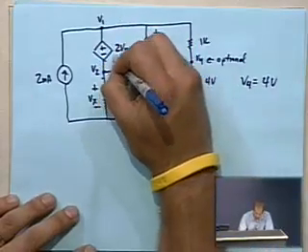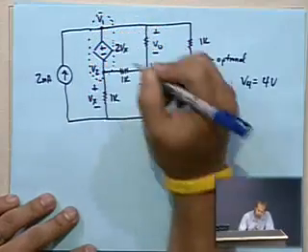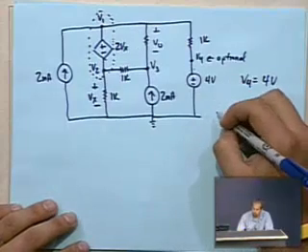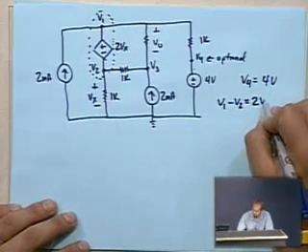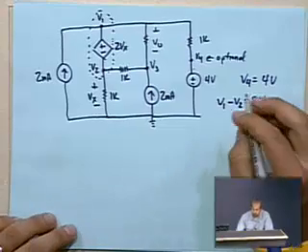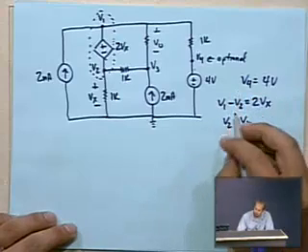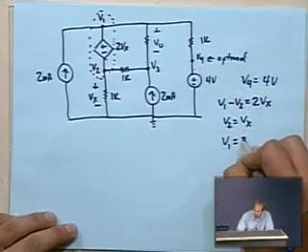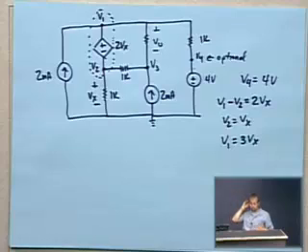We need to, again, do a supernode up here, and we know that V1 is at the higher potential by a value of 2Vx, and since V2 equals Vx, we could substitute that back up here and say V1 equals 3Vx, just like in the last example, exactly the same arithmetic that allows that to happen.